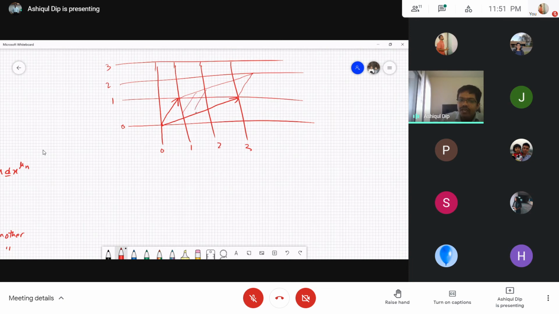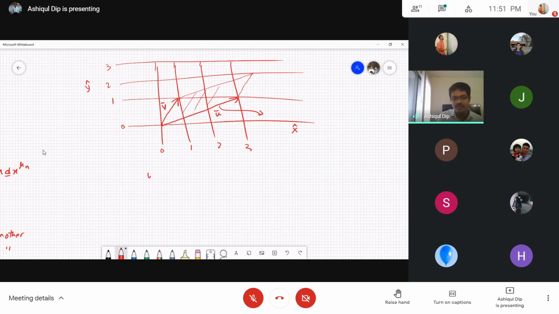Question is, what should be the area? So what are the vectors first? Can you write this vector in x hat, y hat terms, in a really simpler way? Let's call them u and v.